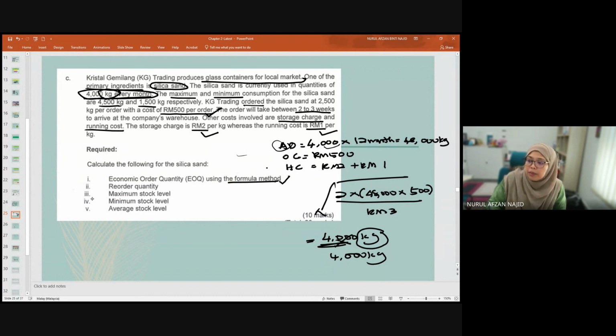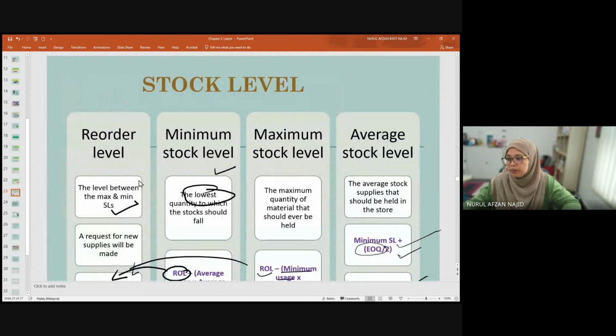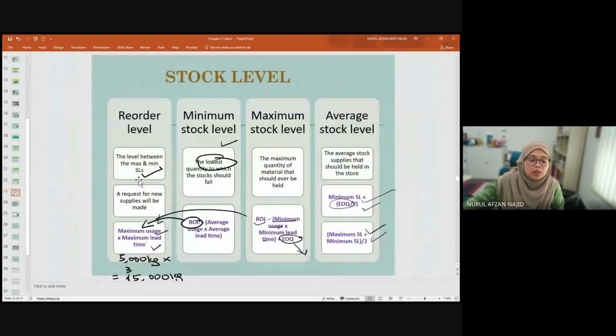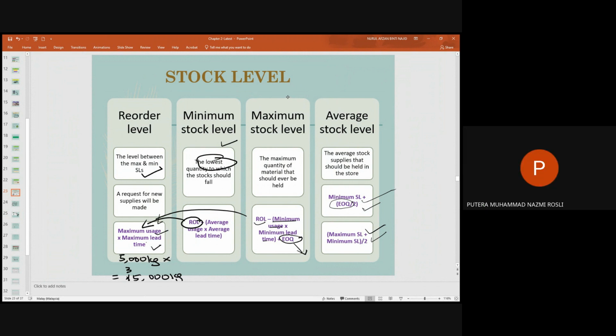Alright. Now kita pergi kepada reorder quantity. Apa formula untuk reorder quantity? Tengok dekat sini. What is the formula for reorder quantity? Maximum usage darab maximum lead time. So maximum usage, how much the maximum usage? Anyone? 4,500. Good.